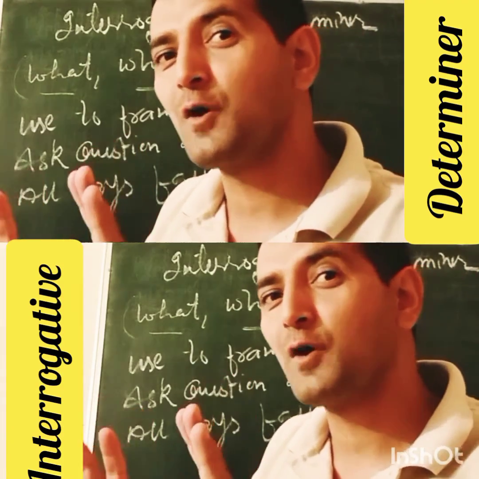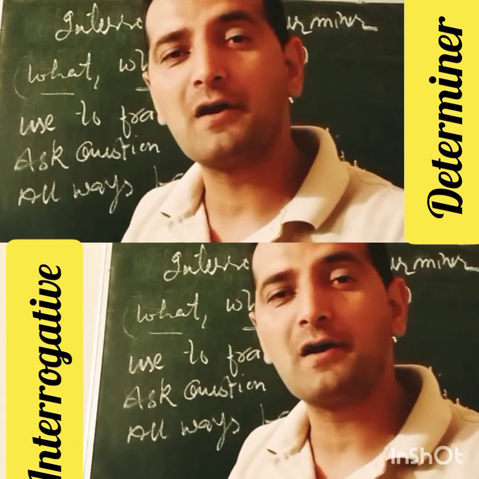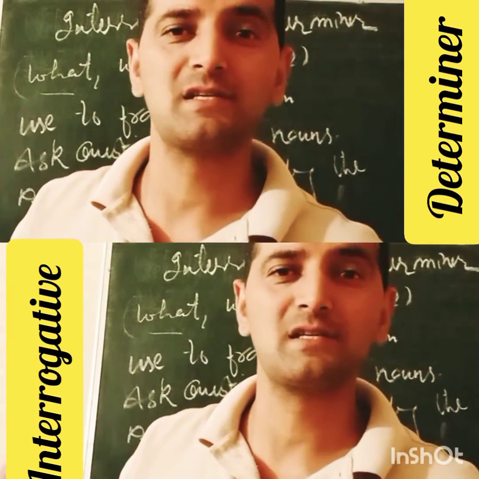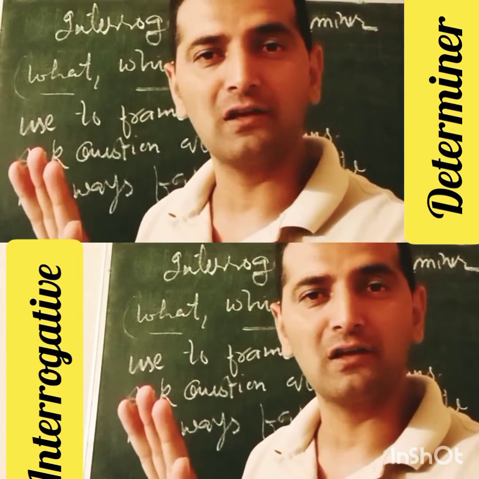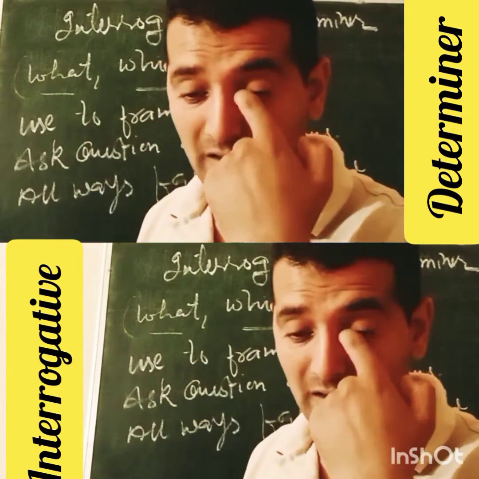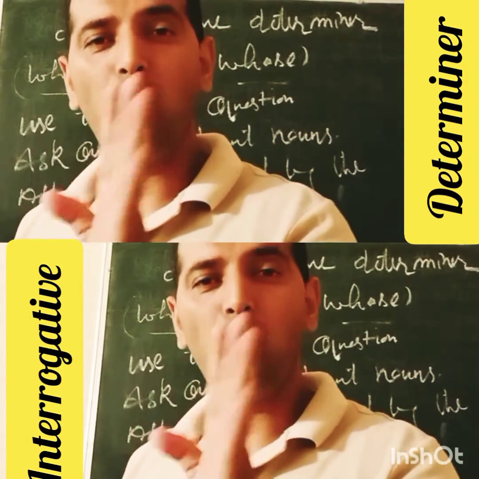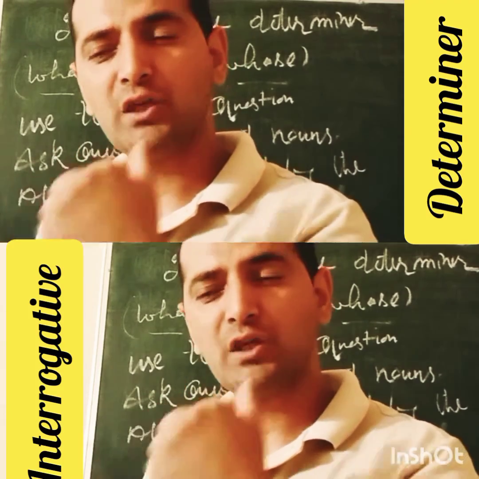Do you know how many kinds there are and what these determiners are? Usually we get very confused with the use of these determiners. In English grammar there are only three, and these three determiners are what, whose and which.